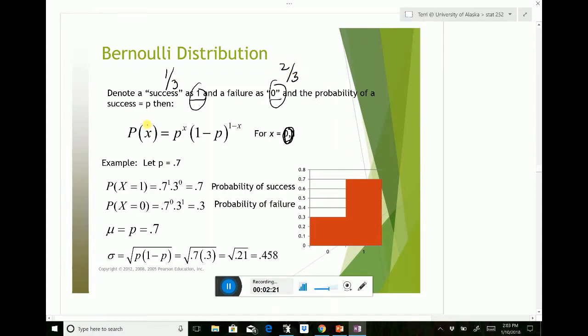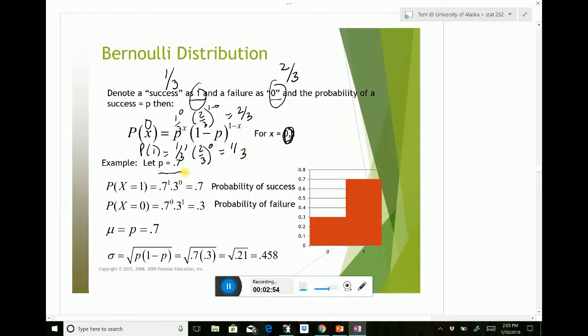The probability of failure, 0, is 1/3 to the 0 power times 2/3 to the 1 minus 0 power, or 1 power, and anything to the 0 power is 1, so this makes it 2/3. And the probability of 1 is 1/3 to the 1 times 2/3 to the 1 minus 1, which is 0, which makes it 1/3. Now this seems kind of trivial to do it this way.